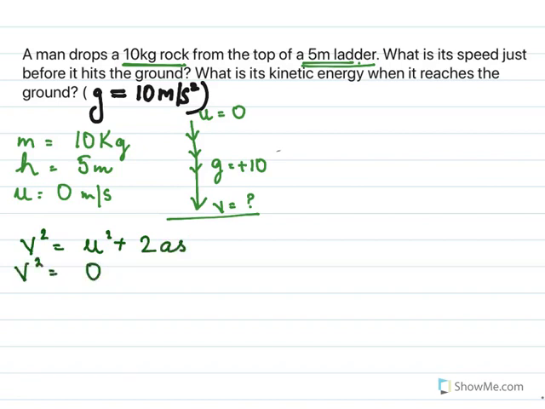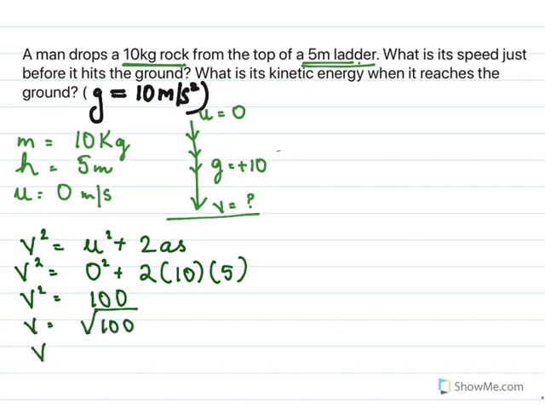Maybe we'll try v square equal to u square plus 2as. V square we need to find, initial velocity is 0 because the body is starting from rest. 2a is 10 and your s height is 5. So v square here you will get 100. So v is under root of 100, so v is 10 meter per second. So the velocity before it hits the ground is 10 meter per second.